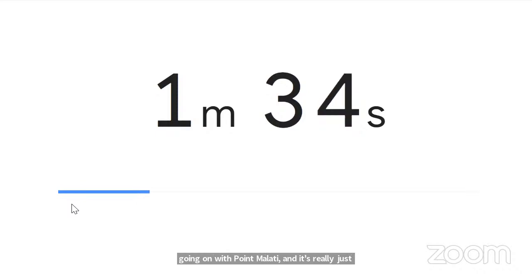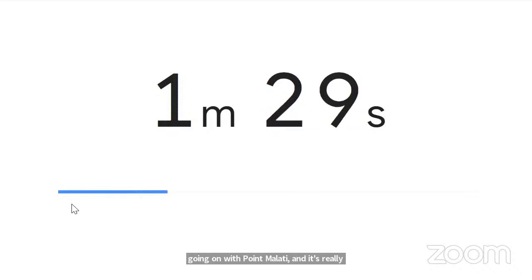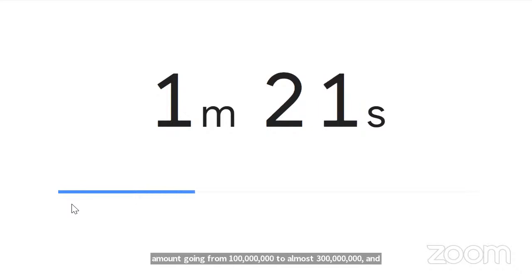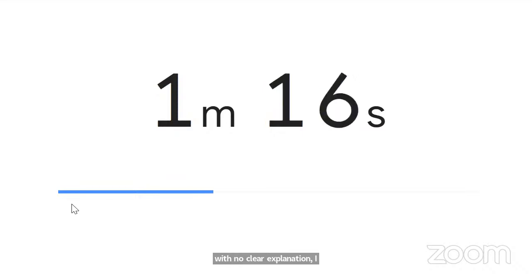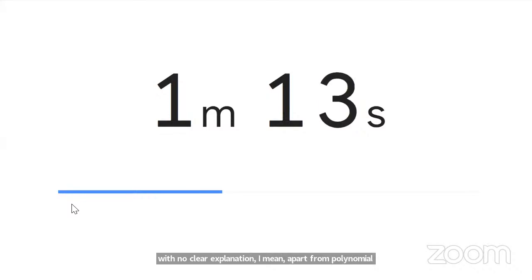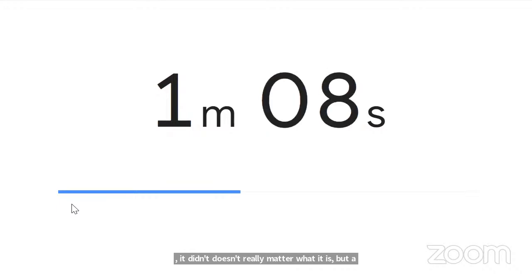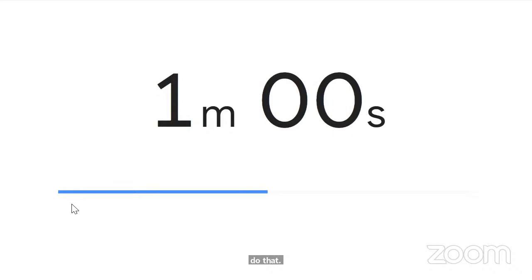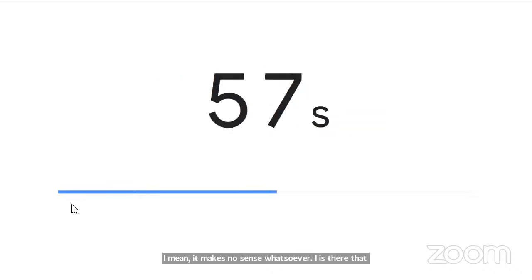I can't imagine a bond amount going from 100 million to almost 300 million, with no clear explanation. It's breathtaking, and I can't believe our city would do that. It makes no sense whatsoever. Is there that level of incredible stupidity somewhere?